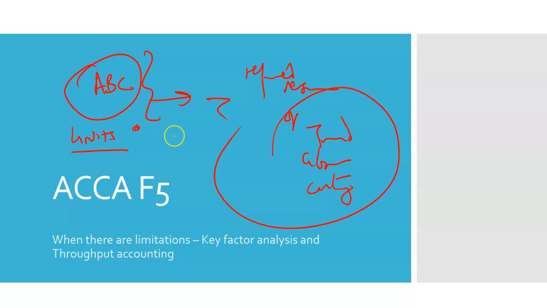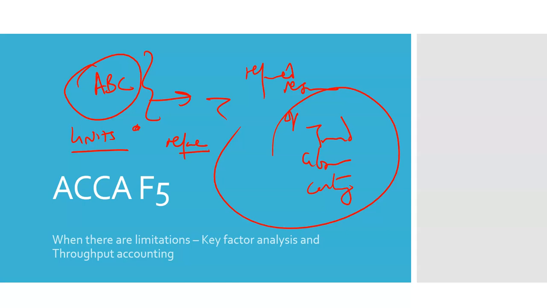This is all on performance management, and the early chapters look at costing in general. So what we're really talking about here is how do we refine our processes, get better processes, and allocate, apportion, absorb costs as fairly as possible.